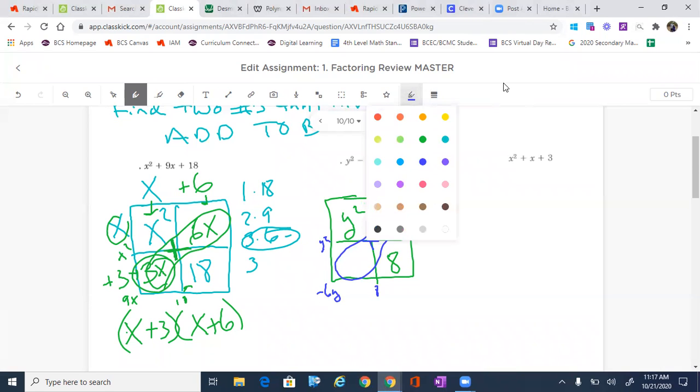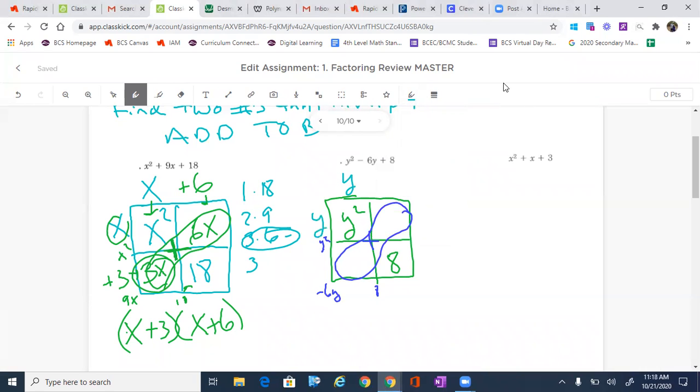And as we do this, we say, well, what is y times y? Well, y times y is y squared. And then we look for numbers that multiply to 8, okay? And remember, 2 positives multiply to 8, 2 negatives multiply to 8. So I've got 1 and 8, 2 and 4, 4 times 2. I've already repeated myself. And what I want to do is find out which ones add to -6.